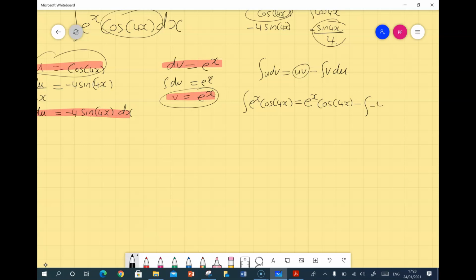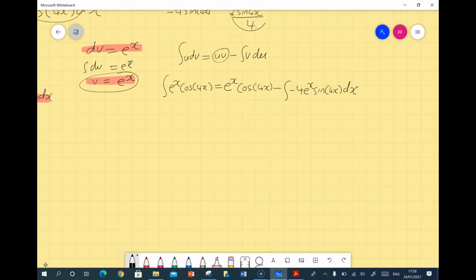So I'll write that as minus 4 e to the power of x sine of 4x dx. Okay, so we've got an unholy mess in there. Just to make things easier, I might just put this minus 4 outside to make it a little bit easier to look at. So the integral of e to the power of x cos of 4x is equal to e to the power of x cos of 4x plus 4 times the integral of e to the power of x sine 4x dx.